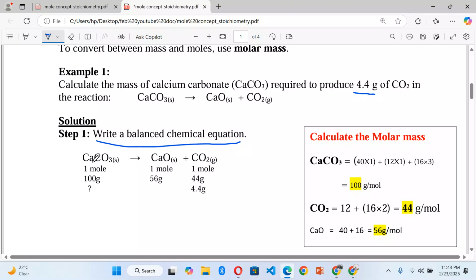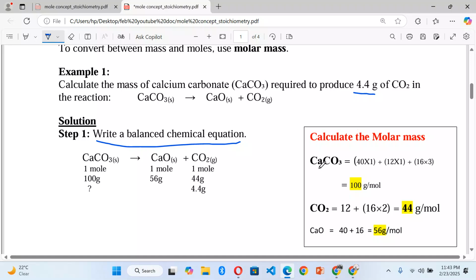So when you come back here, we see it is 1 mole, and 1 mole is equivalent to its molar mass. So we can calculate the molar mass of calcium carbonate. We use the molar mass, which you can get on the periodic table, the molar mass of calcium, which is 40 times 1.